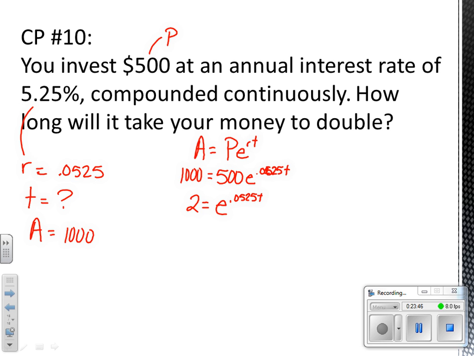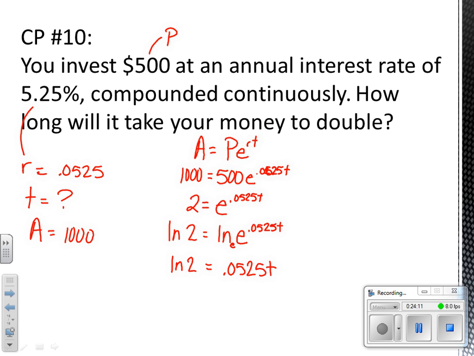Okay, your variable is in a power, so get creative, do some of the things that we've been doing with our practice problems here. If I do the ln of both sides, okay, remember how if this little number matches the big number, the value of that side is this.